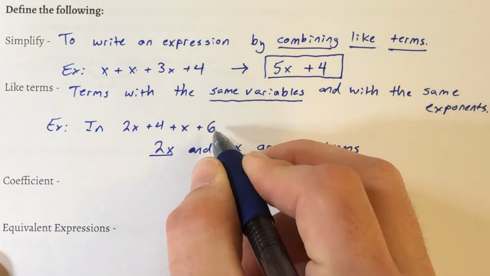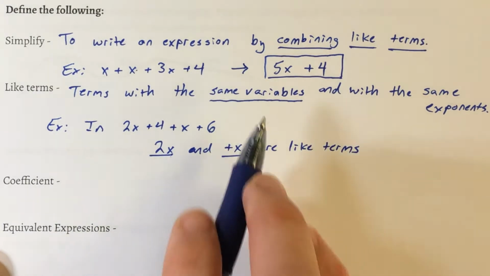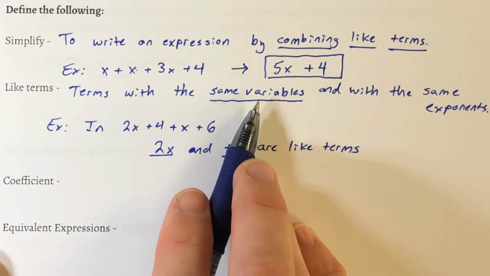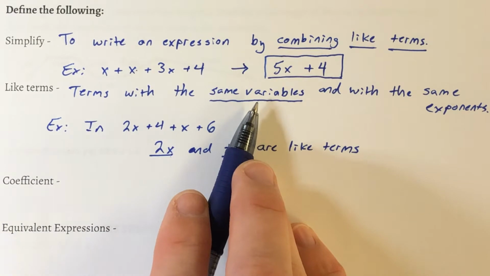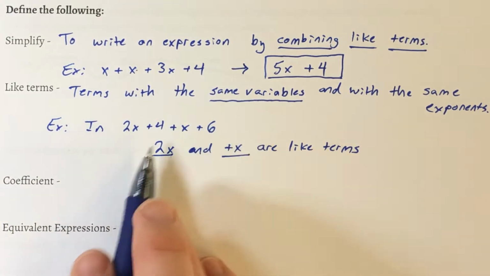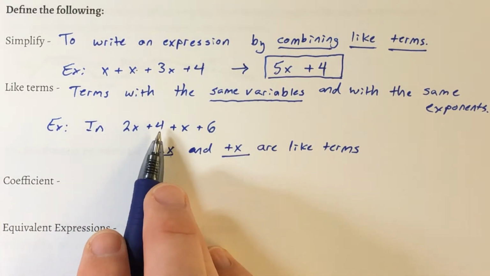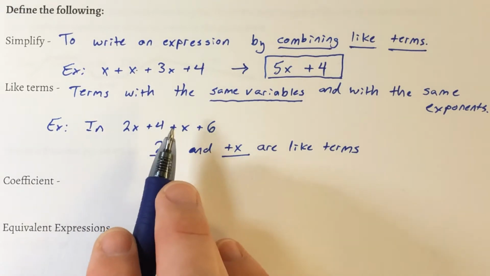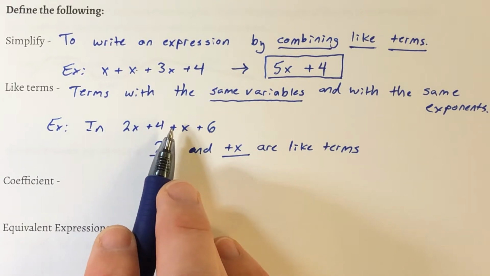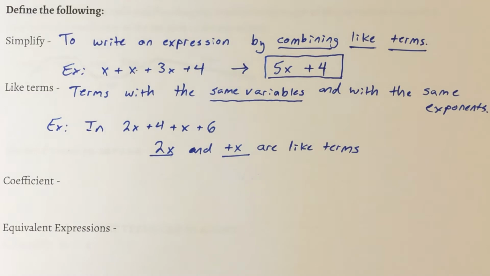What about the positive 4 and positive 6? Well, they don't really seem to have a variable. They technically do. If you were to write this, it would be like saying 4 with a variable next to it, but it would have an exponent of something other than like 2 or 3. It's kind of hidden. You're not going to really get into that until 7th or 8th grade standards.